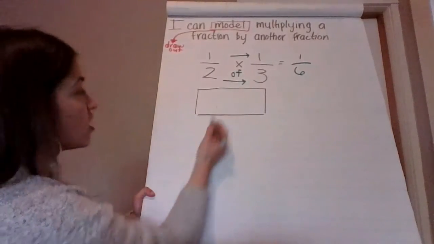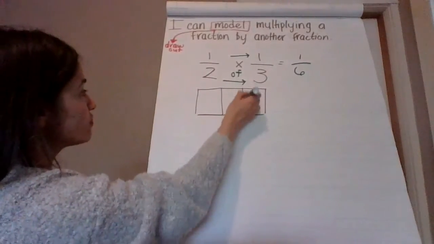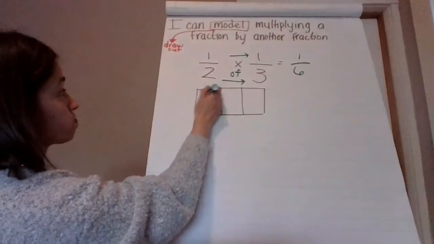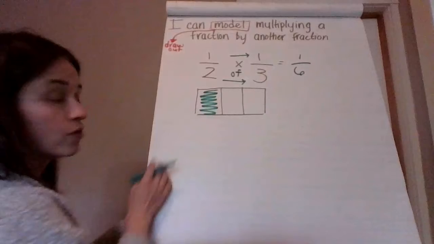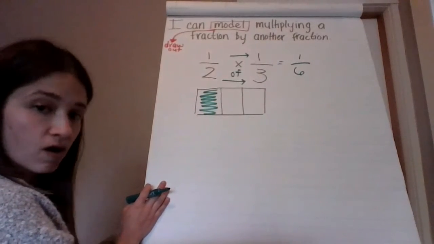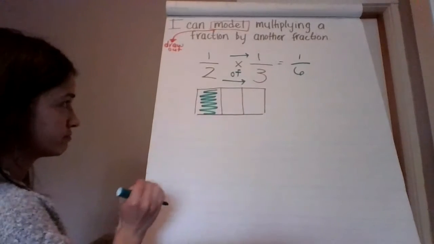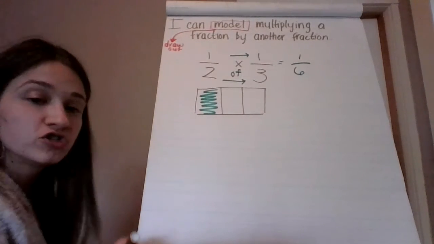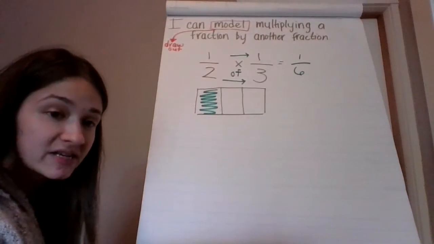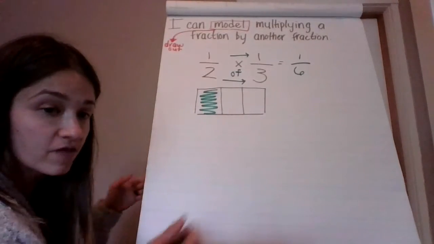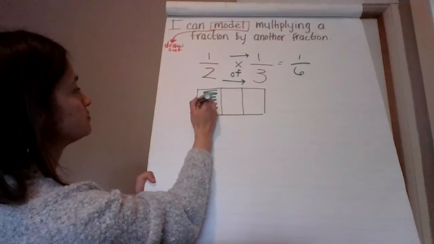So I'm going to draw 1/3. Are we good so far? All right. Now I'm looking for 1/2 of 1/3. So what I'm going to need to do is cut this model in halves the other way, just like this.